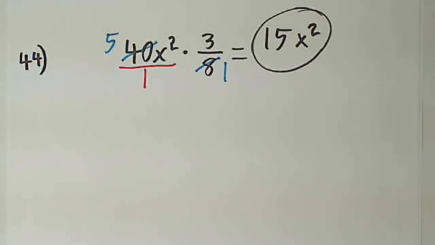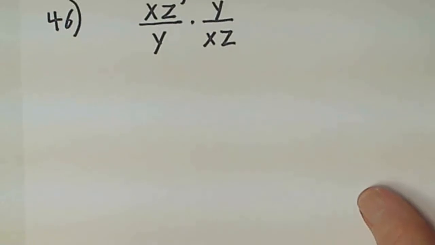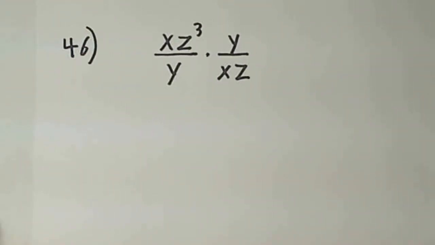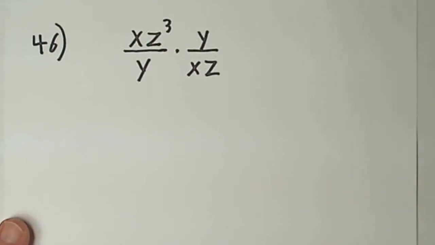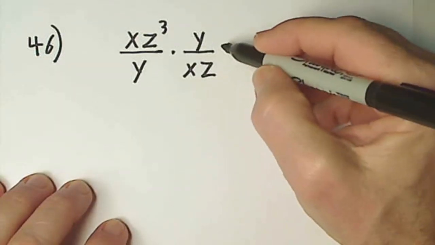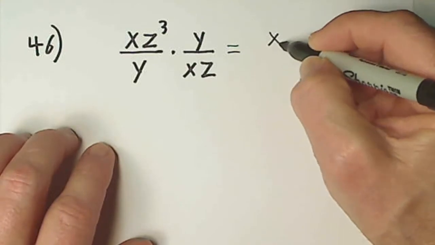And let's see what's up next here. We'll take a look at 46. A little more canceling. I think I'll do this two ways. I'll write out, this is the same as x.